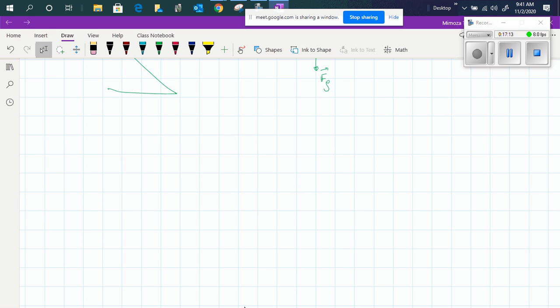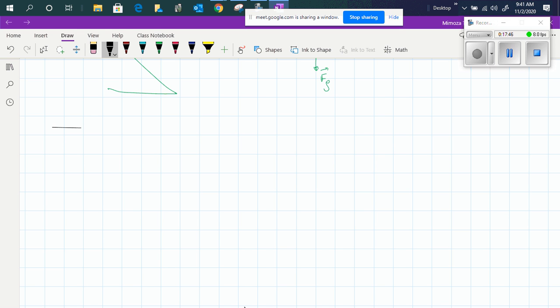And if the string changes direction, in the case of a pulley, the magnitude will be the same, even though the direction is not. The way that we approach the tension is that we say the tension starts from the object and goes along the string.